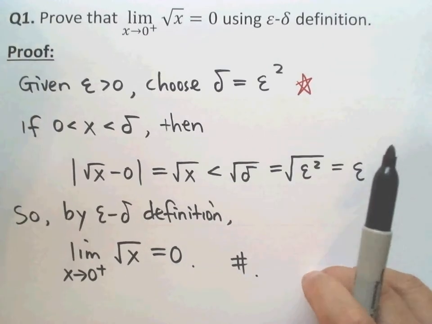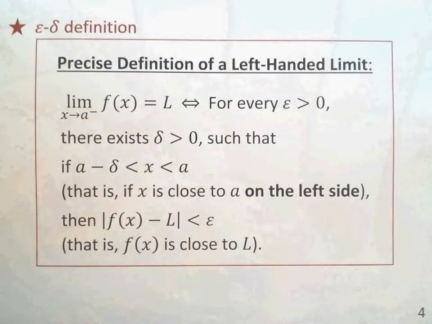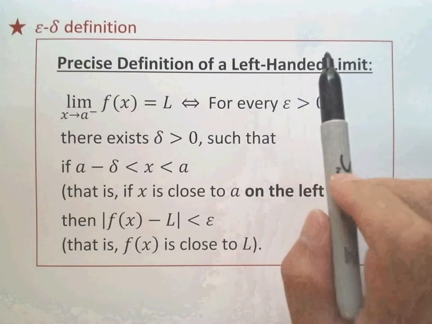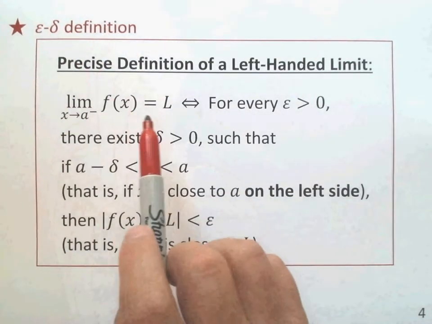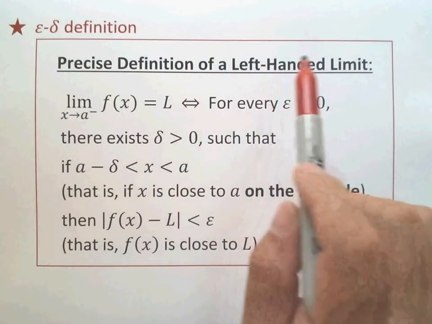Okay, so one more, which is for the left-handed limit. You will see only a little bit of difference. We give the epsilon delta definition, the precise definition, for the left-handed limit.